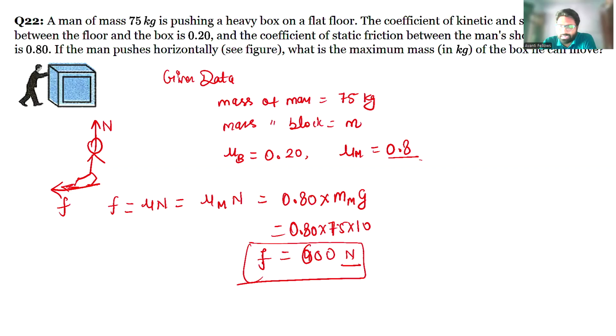Okay, clear? So if you draw the FBD of the block, this is the block, and I am just shifting the force vector. This is the force that this man is applying to push this block. You can represent it like this. Now, if the block is moving forward, the frictional force on the block is acting in the backward direction.